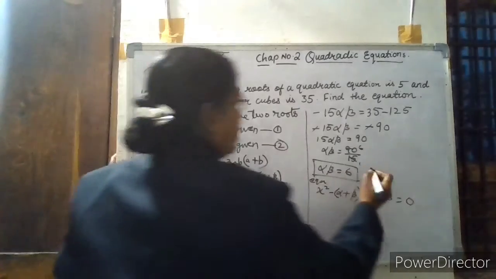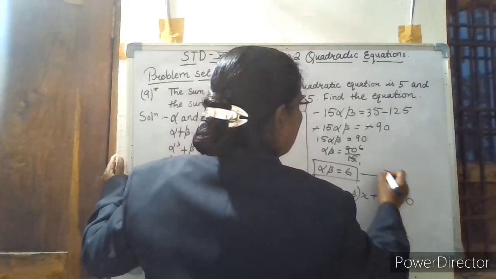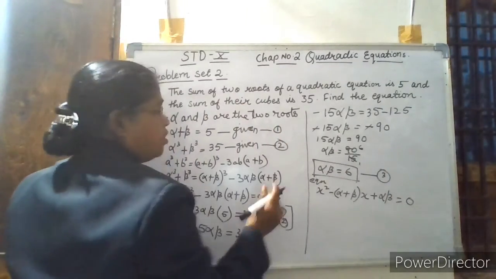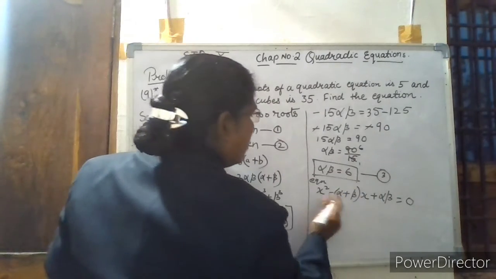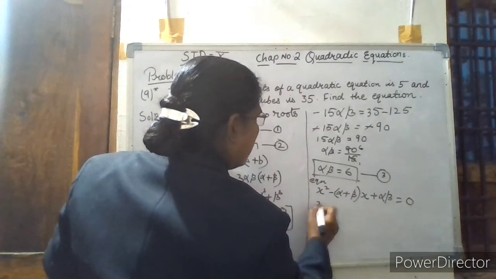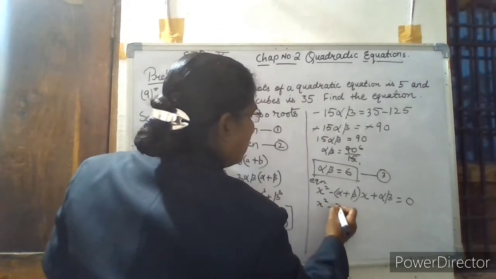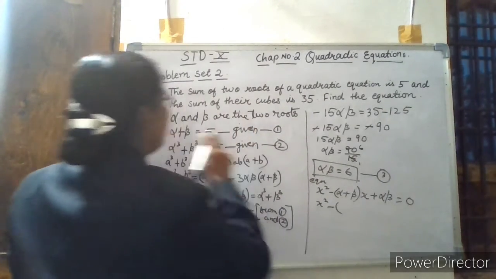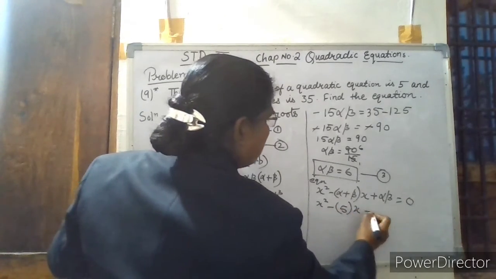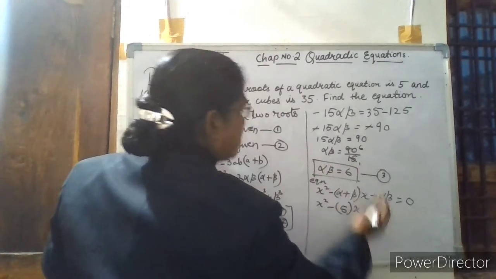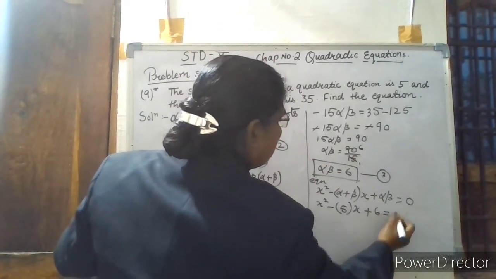So take this as number 3. Put the values from 1 and 3. So we got x squared minus 5 into x plus 6 is equal to 0.